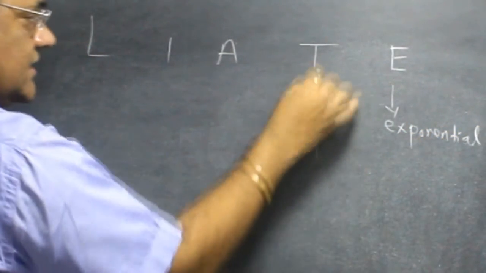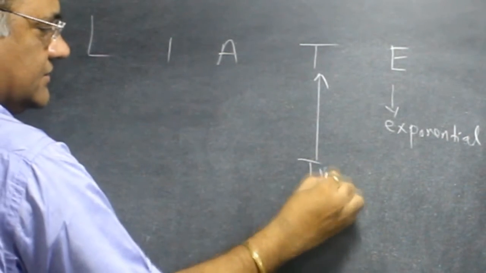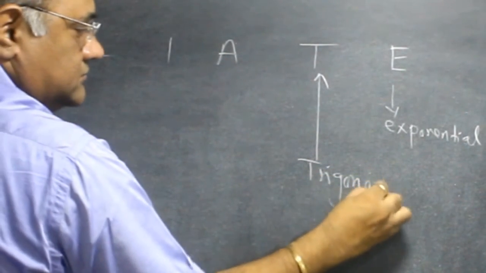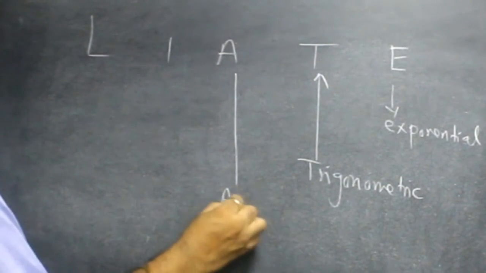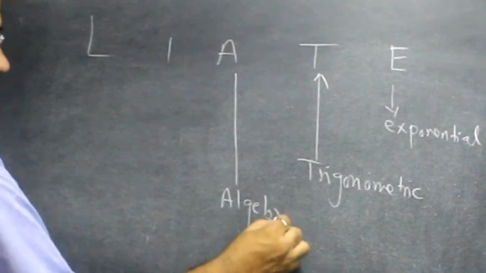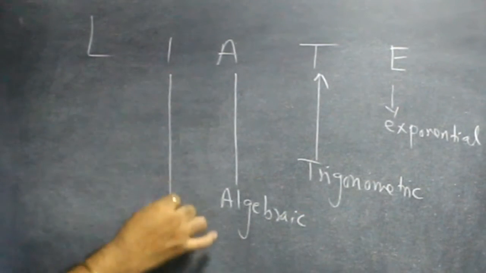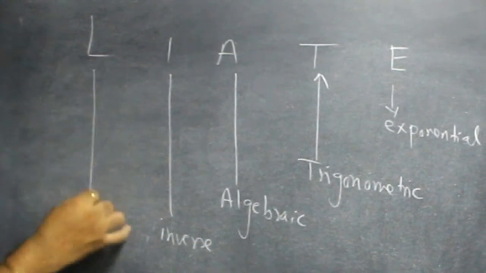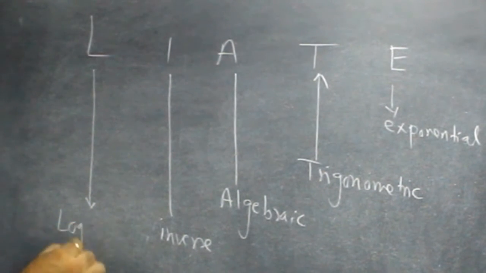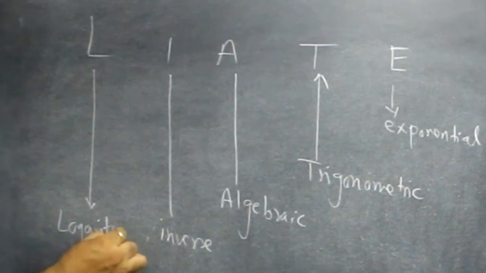T is the trigonometric function. A algebraic function. I inverse. And L मतलब logarithmic function. Logarithmic function.